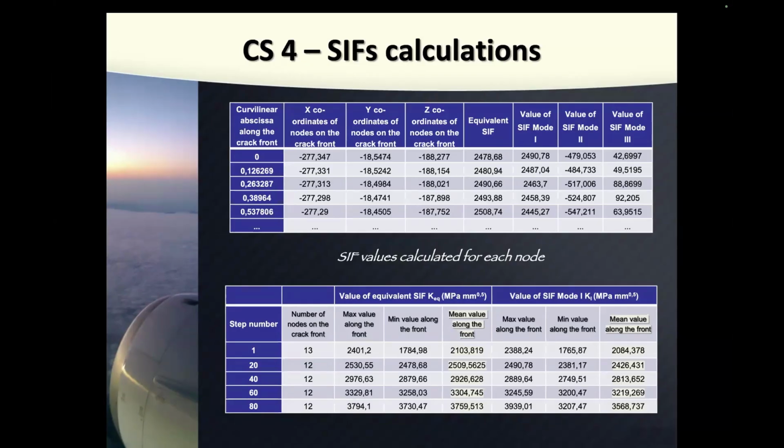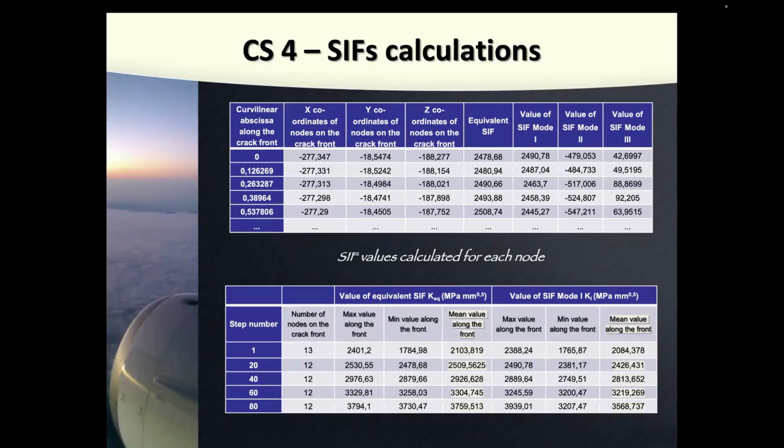Then comes the next node with its coordinates. If you have something like 15 or 16 or 20 nodes on a crack front, you need to analyze each node. In the previous example we did 200 crack growth increments, and I have put only the first 80. You can see that the number of nodes on the crack front is more or less constant.